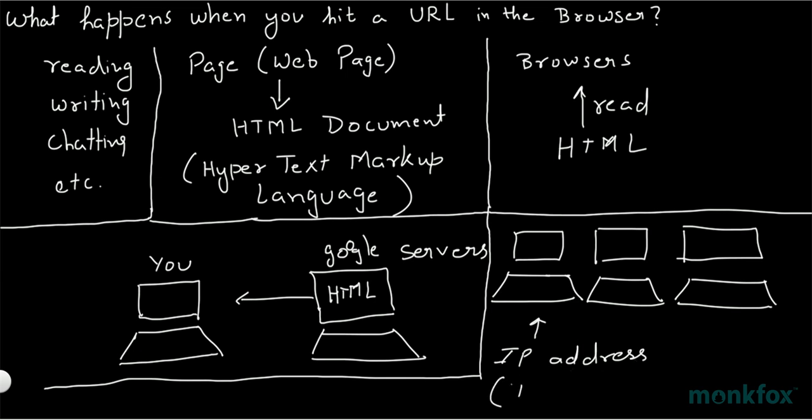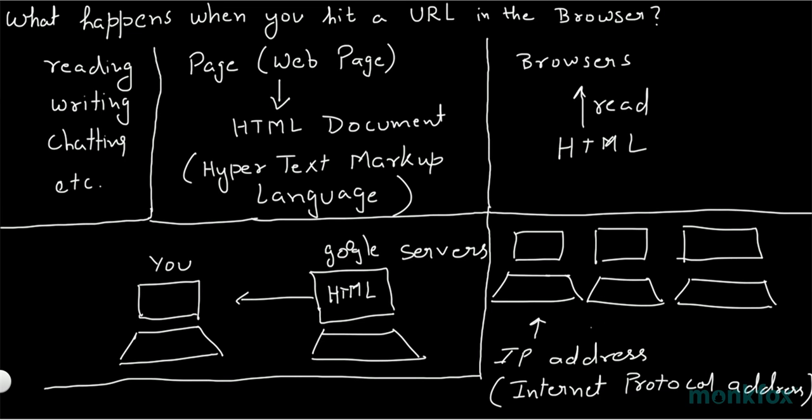To overcome this problem, the internet standards identify each system with a unique number called an IP address. IP address is nothing but Internet Protocol address. An IP address is unique in a network, and internet is nothing but a network of networks.